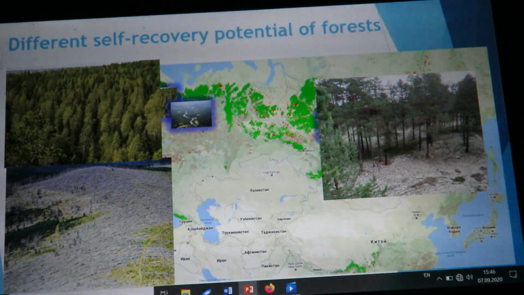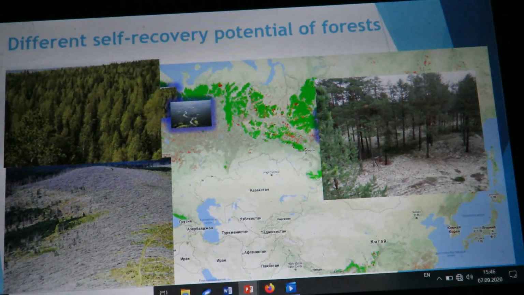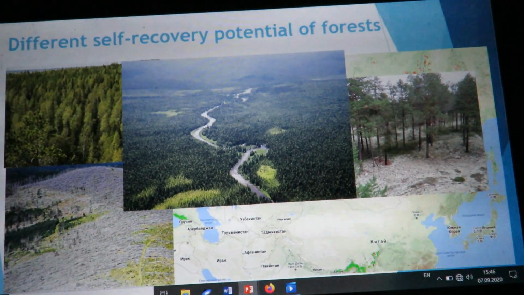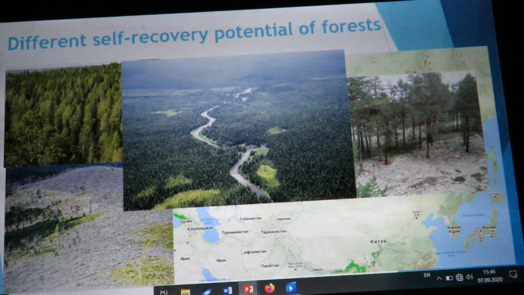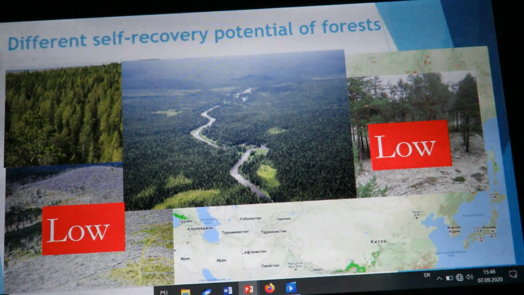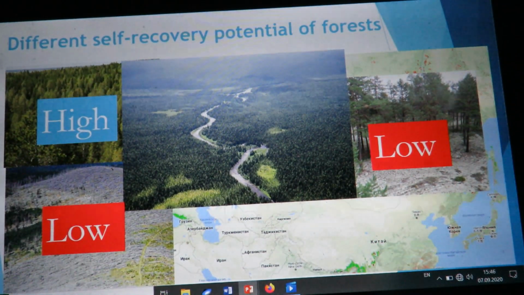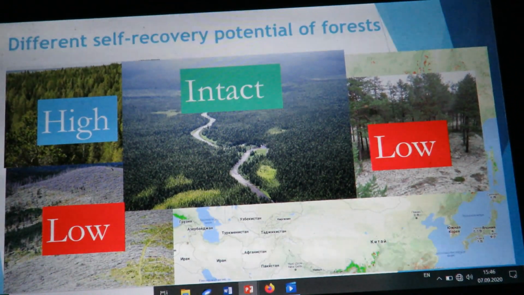And finally, there are relatively intact ecosystems, like this example from Pechora Lychy State Nature Reserve in Russia, photo provided by Alexey Oleynikov, which still function properly and actually work to ensure stability of climate and the water cycle. So we have ecosystems with very low self-recovery potential, with high potential, and relatively intact ecosystems.